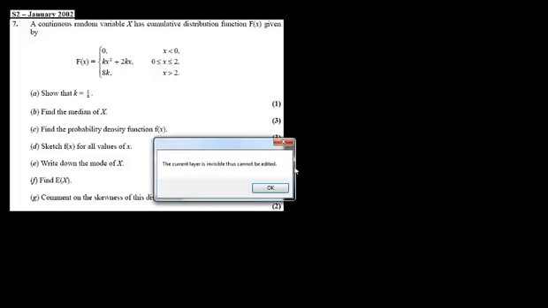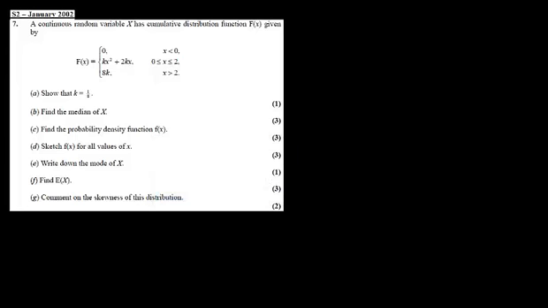This is a CDF. For finding the constant, the rule is, remember, CDF at the upper limit is 1. So using the CDF, we can do this. We can write question number A. F at the upper limit 2 equals 1.